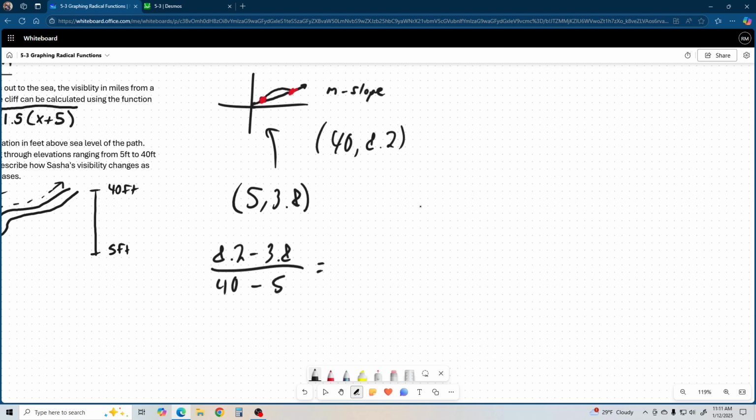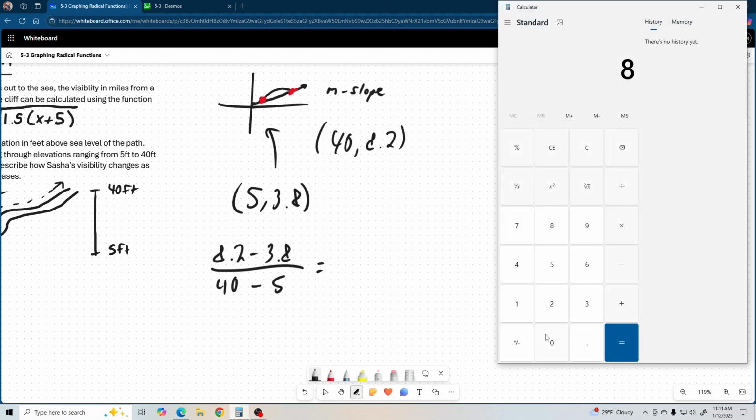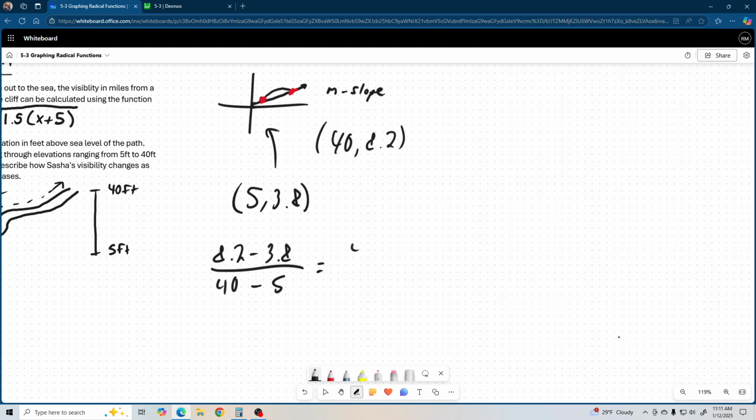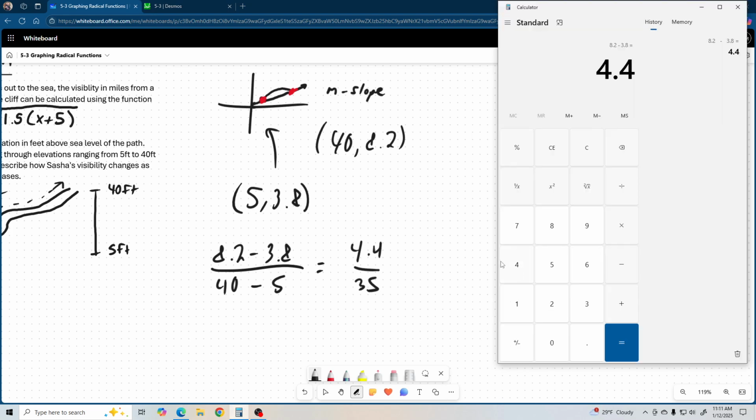If you plug that into a calculator, 8.2 minus 3.8 gives us 4.4. 4.4 over 40 minus 5 is 35. So now 4.4 divided by 35 gives us 0.13, we'll say.